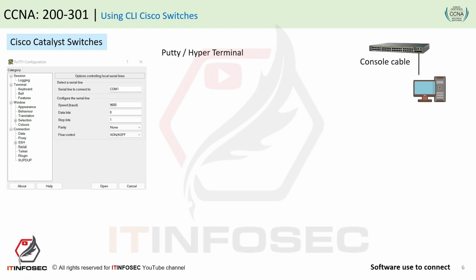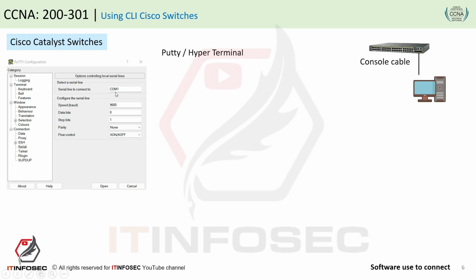If you want to know exactly which COM port is connected in your computer, you can find that in the system hardware configuration. You can see the COM ports, and there you will see the number of COM ports connected and identified by your computer, and enter that name here.